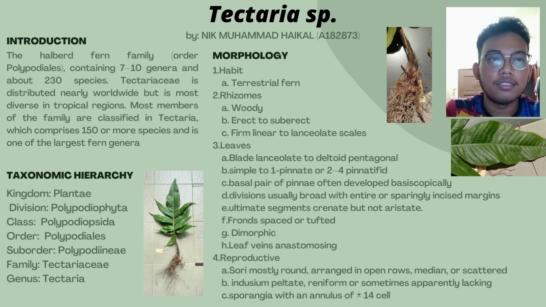For the leaf, the blade is lanceolate to deltoid-pentagonal, and it is a simple leaf to one-pinnate or 2 to 4 pinnatifid. The basal pair of pinnae often develop basiscopically, and the divisions are usually broad with entire or sparingly incised margins.